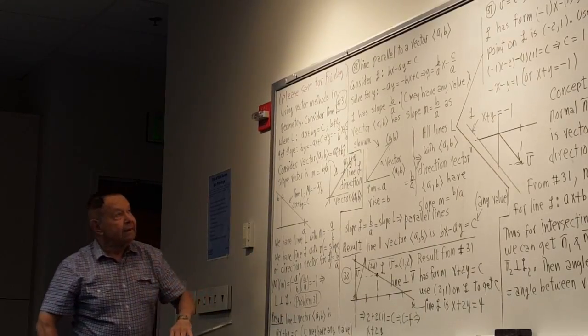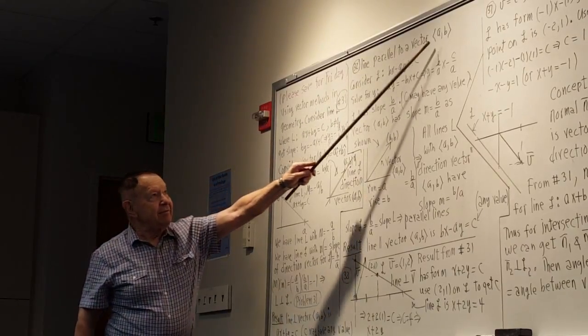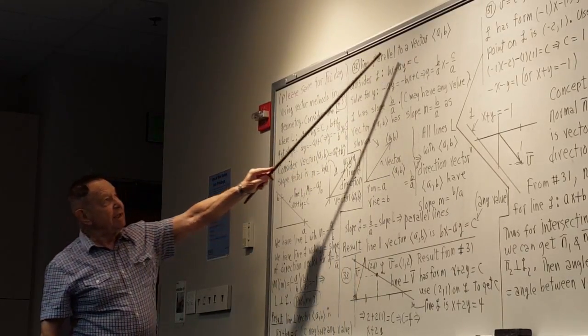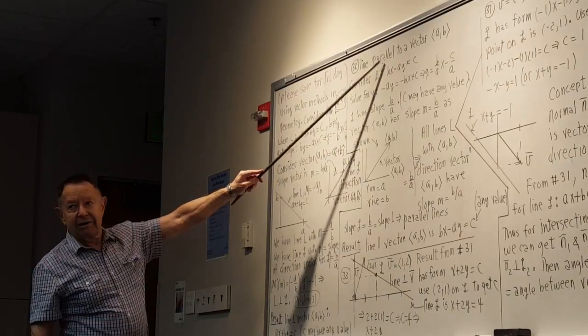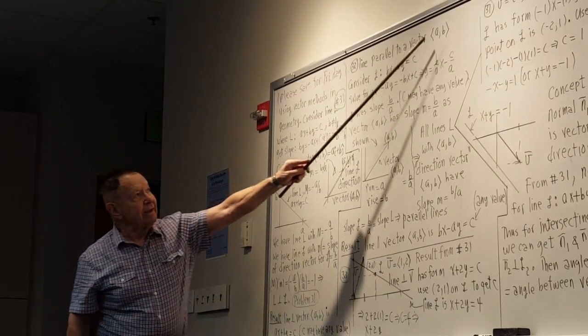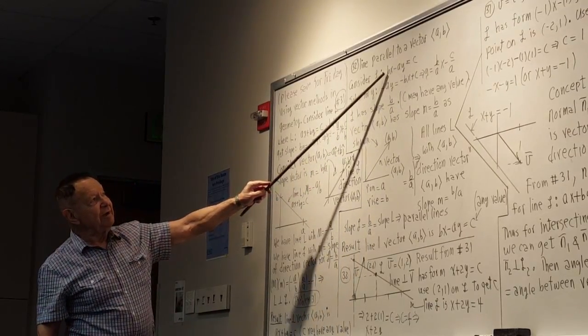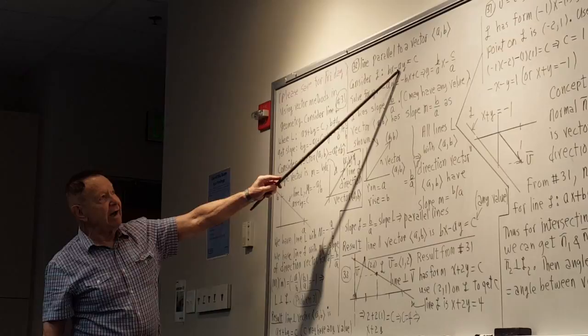A similar thing is to start with the same given vector again, AB, and get a line that's parallel to it. So the line that's parallel to the vector AB proves to be this one, bx minus ay.